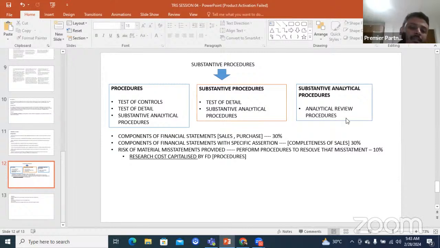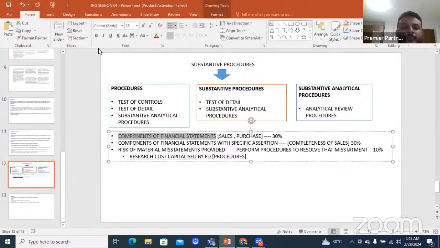That is the question. So please practice substantive procedure questions in these three types. Then you can score maximum marks. I expect this type of question more this time.